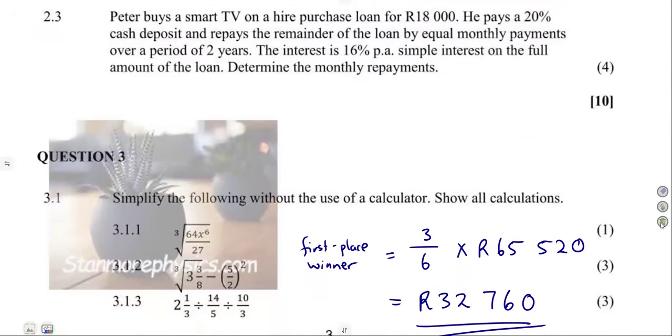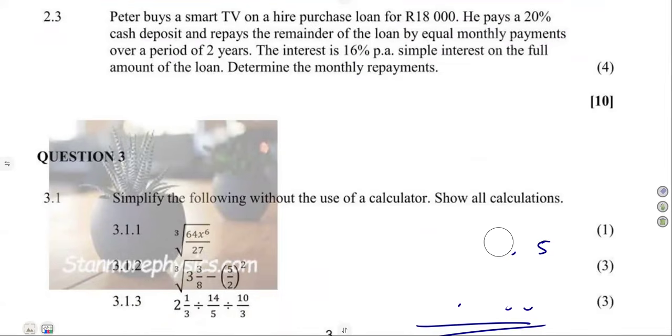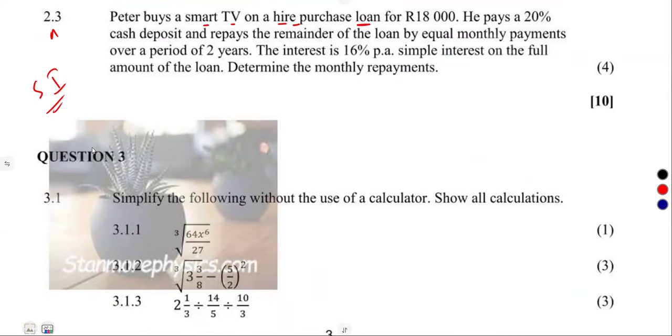There we are given that Peter buys a smart TV on a hire purchase loan, right? So remember, a hire purchase loan is the one where we use the simple interest formula for our calculations, all right? So this is the cost price, the actual cash price that you're given, which is 18,800.